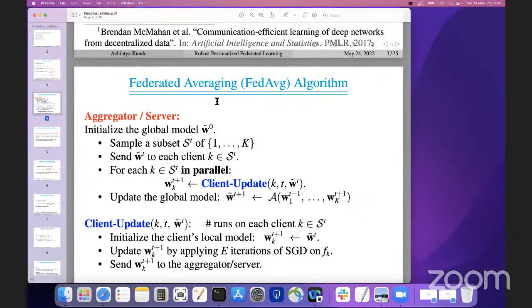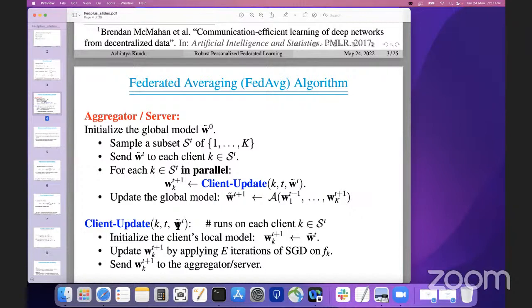So here we are assuming a synchronous approach. That means, for simplicity, let's say the server sends its updated global model to all the clients. Now it's up to the client whether they will work on it or not. So let's say certain clients are active, they take that model W tilde t and then they optimize over their own data set.